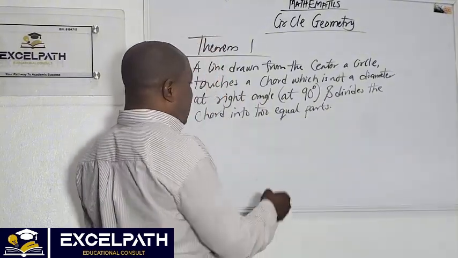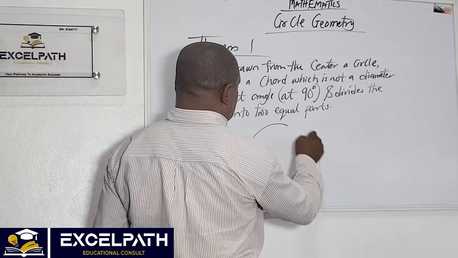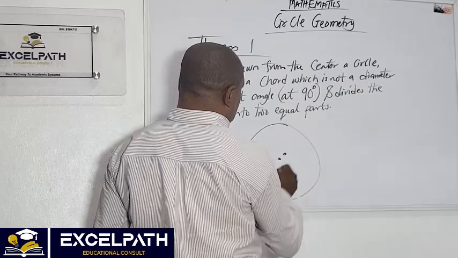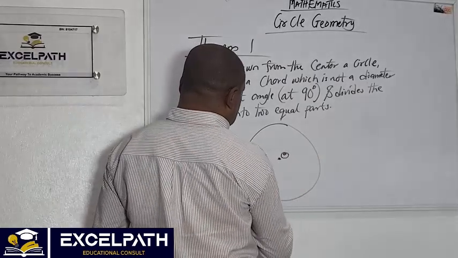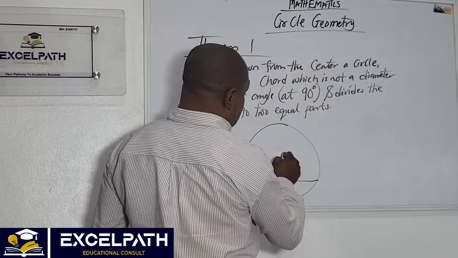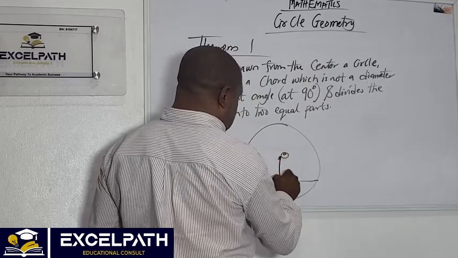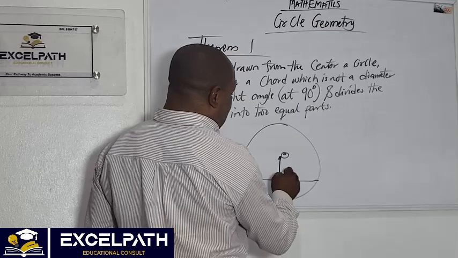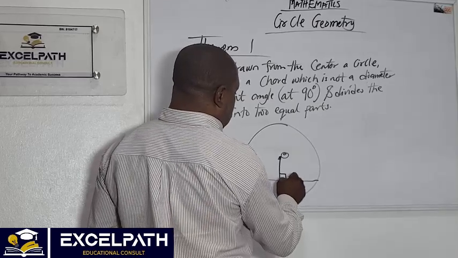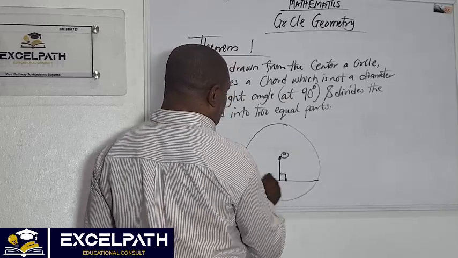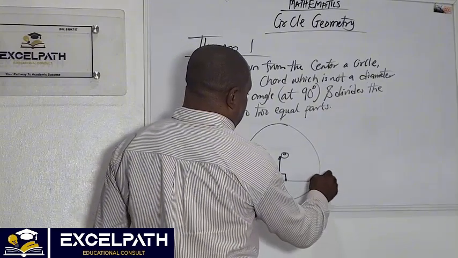Now we're going to take a diagram to illustrate this theorem. This is the center of the circle. Now, this is a chord. A line drawn from the center touches the chord at 90 degrees and divides the chord into two equal parts.